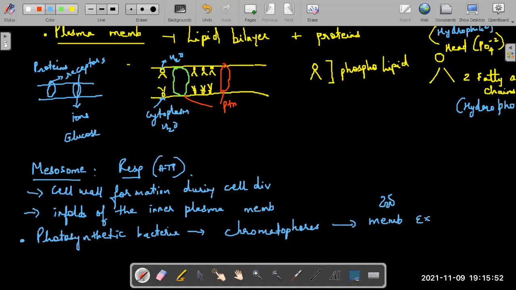Photosynthetic bacteria, I told you, an example is cyanobacteria. They can basically make their own food. They have these chromatophores in them. Chromatophores contain pigments, and these chromatophores help in photosynthesis. So chromatophores basically have pigments on them which help in photosynthesis.